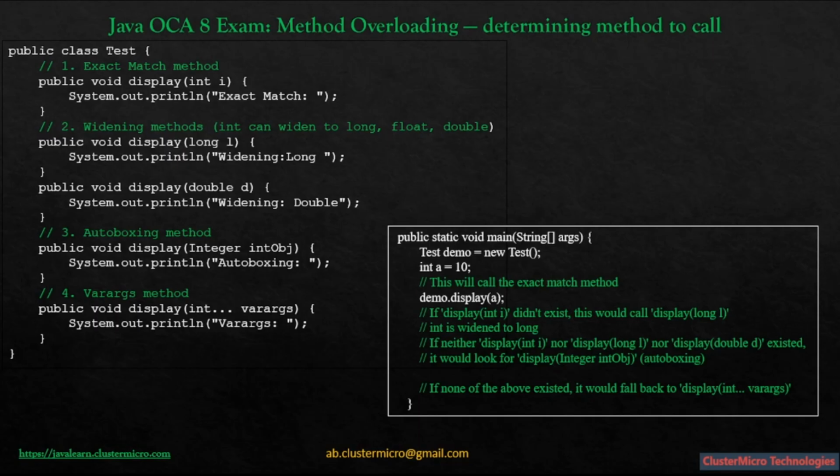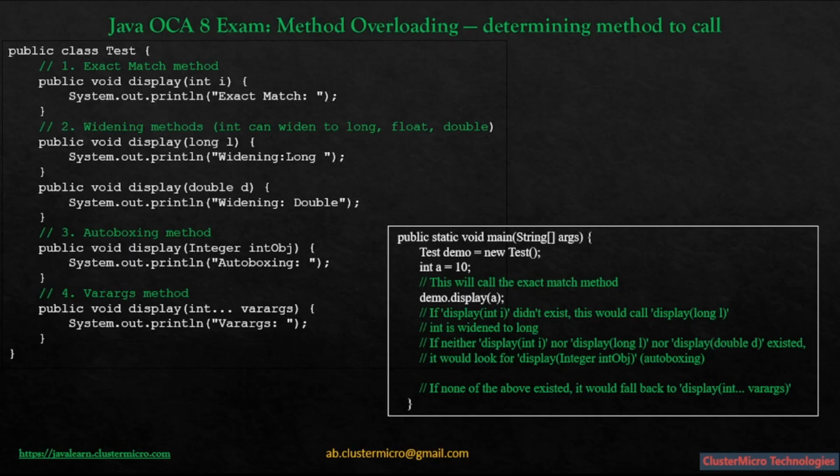Java would find display(long L) next, since long is the closest wider type to int, and call that instead. The output would be widening long. If display(long) also did not exist, Java would continue widening and find display(double D). Output would be widening double. Widening is always preferred over boxing. Java would rather promote a primitive than wrap it in an object, right?